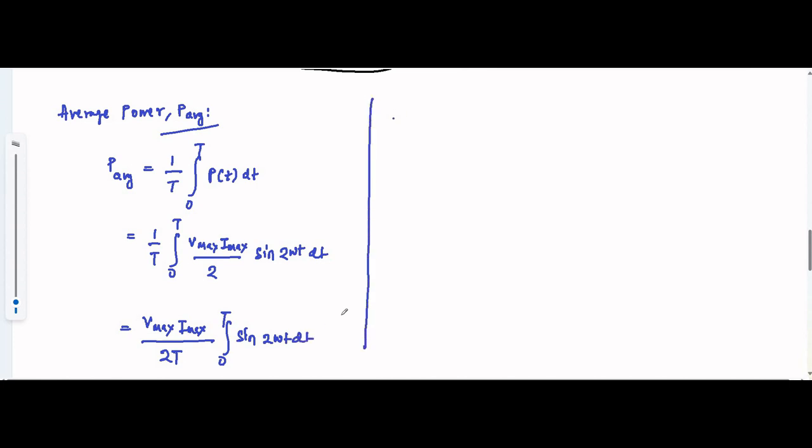So I'm writing it on this side. It is Vmax Imax by 2T, integration of sin 2 omega t dt, which will be into 1 by 2 omega times minus cos 2 omega t from the upper limit capital T to 0. Integration of sine is equal to minus cos, and here we are integrating with respect to t, so 2 omega behaves as a constant.